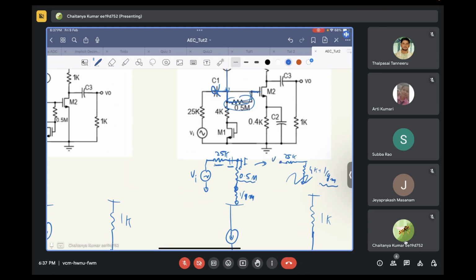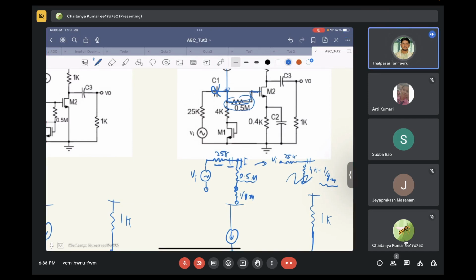Then from input to the gate of the transistor, there will be a resistive division, and that will attenuate the signal big time. To avoid that, you need a huge resistance so that the resistive divider does not attenuate the signal significantly. You understand this?